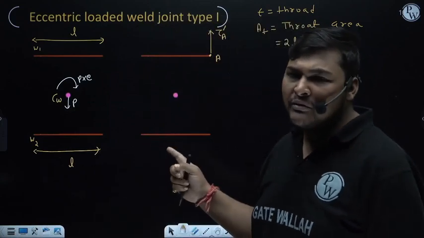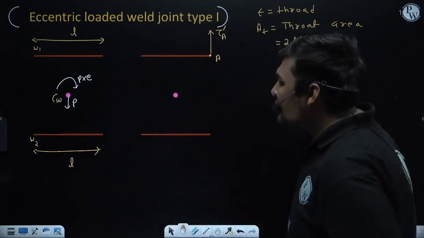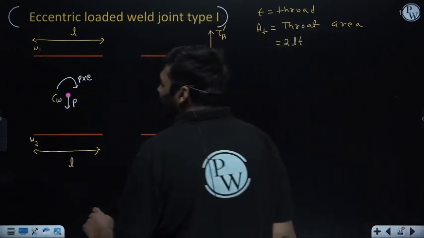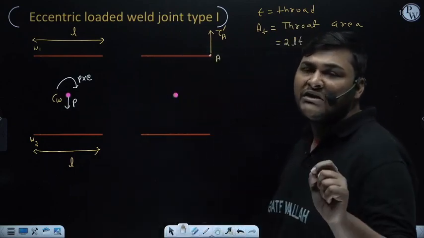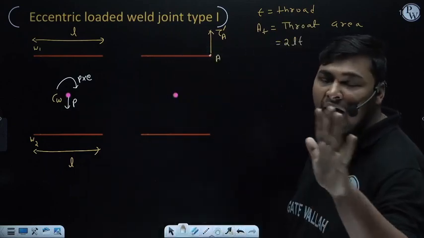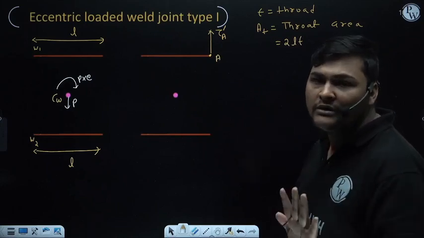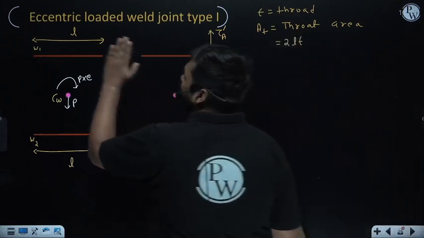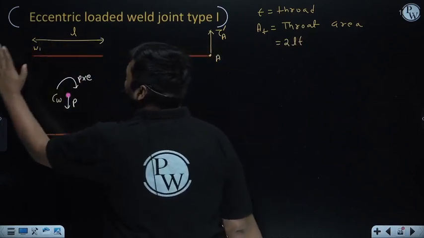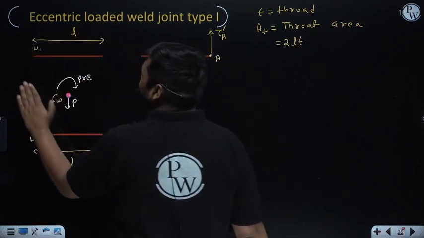The same applies here. Here we are calculating stress in the weld, and we always calculate stress in the weld along the plane which is along length. The plane which is along length is known as the plane of weld.